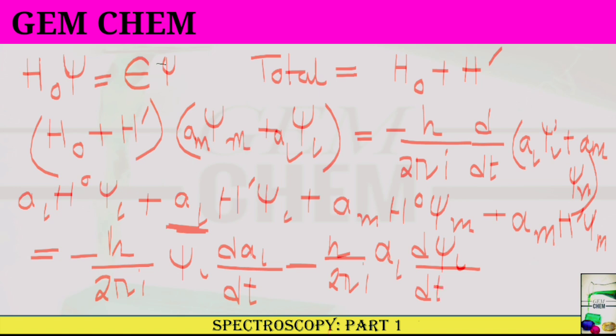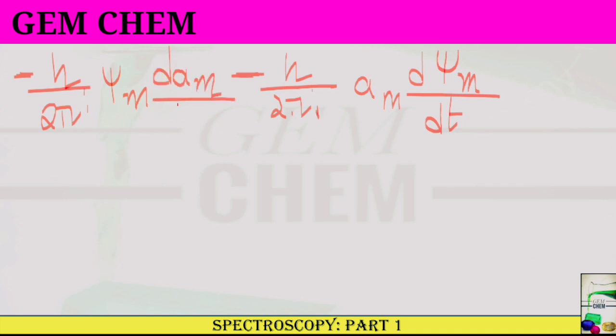Similarly, you have more expressions. Let's go to the next page. On the right hand side you have h by 2 pi i Am d xi m by dt, minus h by 2 pi i xi m dAm by dt.